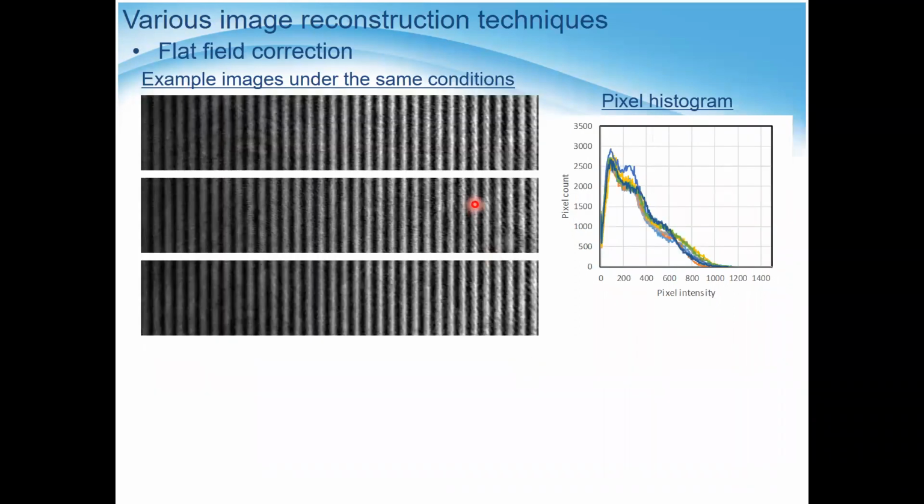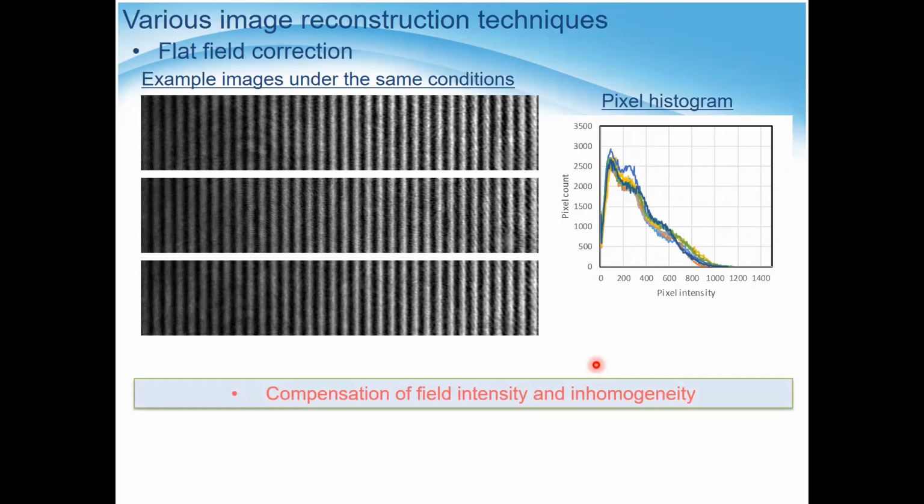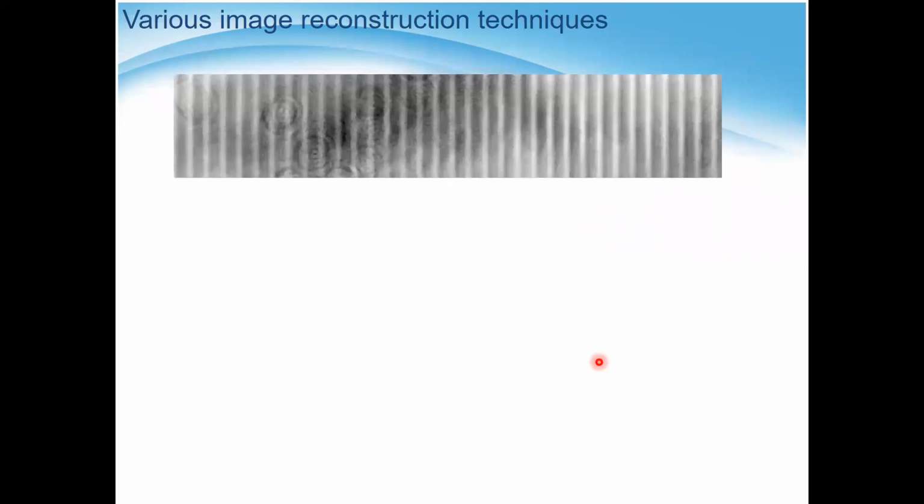After using this flat field correction, we can obtain these three images almost the same. You can see that in the pixel histogram, all three showed almost the same type of histogram. So we could compensate the field intensity and the inhomogeneity of the light intensity.